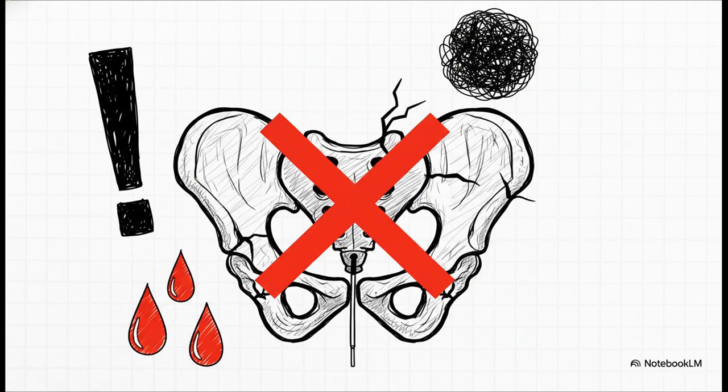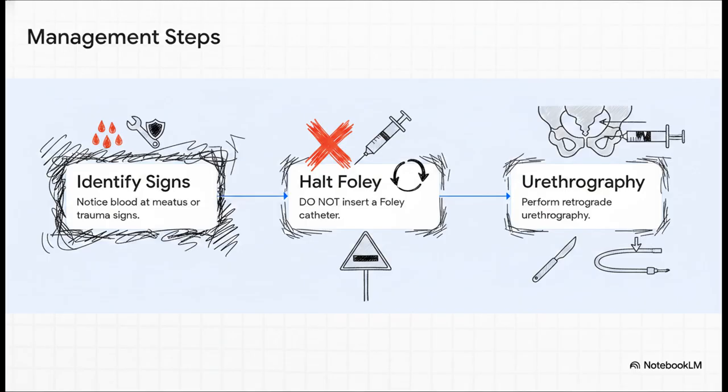We're talking blood at the urethral meatus, perineal ecchymosis, a high-riding prostate on exam, or a scrotal hematoma. If you see literally any of these signs, it points to a severe urethral injury, often involving the posterior urethra if there's a pelvic fracture. Blindly placing a Foley here, you could push right through the tear and create a devastating false passage or permanent strictures.